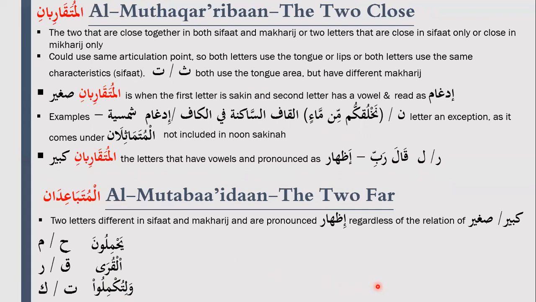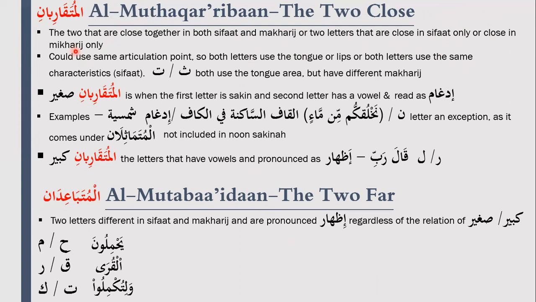Let's move on to our third category, which is al-mutaqarriban. Al-mutaqarriban means the two close letters. They can either be close in their characteristics as well as articulation point, or close only in characteristic, or close only in the articulation point.